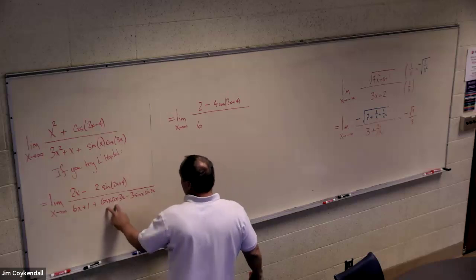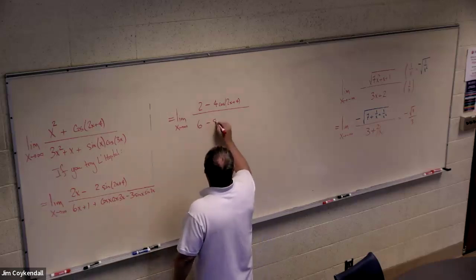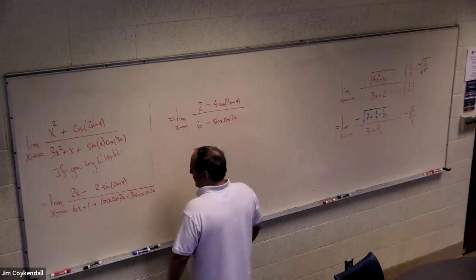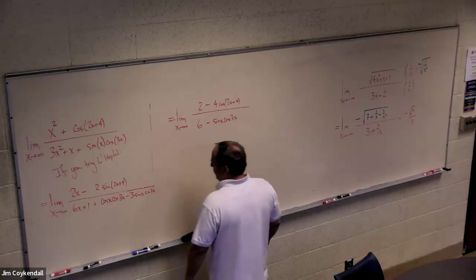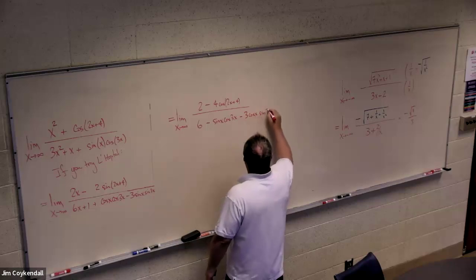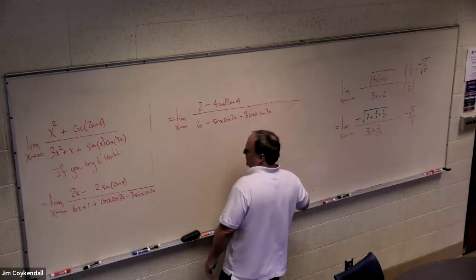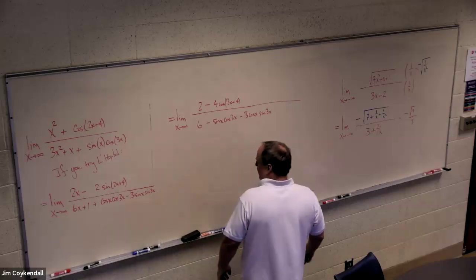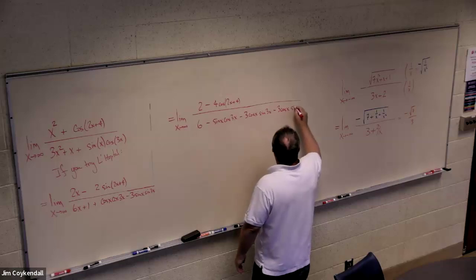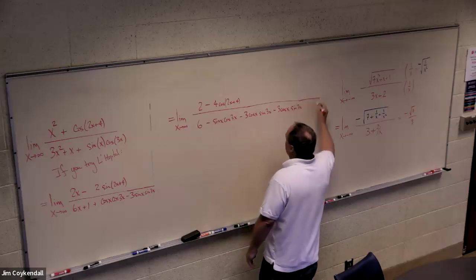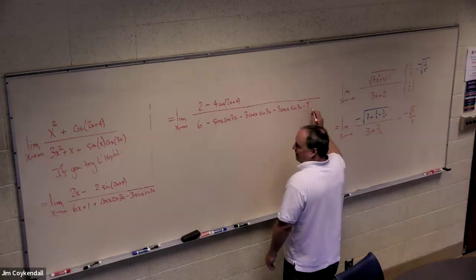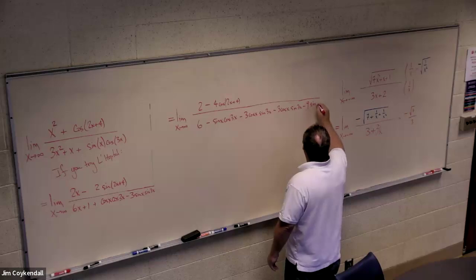That's going to take two product rules. So I get minus sine x, cosine 3x. Then I get minus 3 cosine x, sine 3x. I get minus 3 cosine x, sine 3x. And I get minus 9 sine x cosine x.